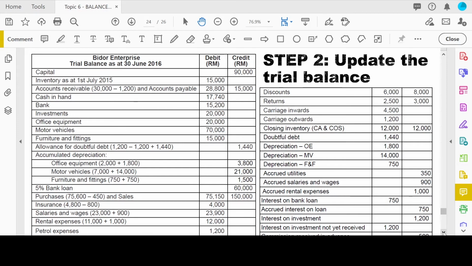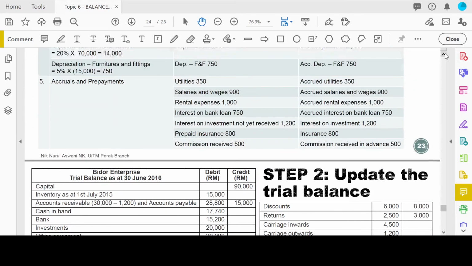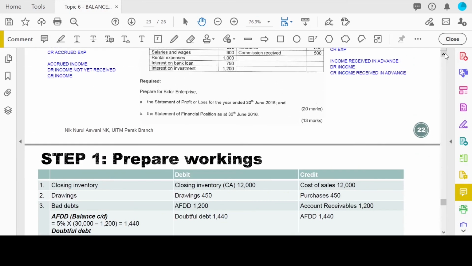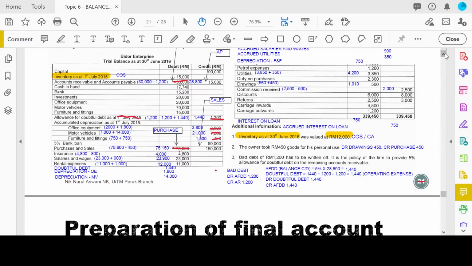Here I show it nicely, but in the final exam you don't have time to reconstruct the trial balance. I have so much time in hand, that's why I re-prepared it. But during the final exam the time is very limited, so usually this is how your paper should look.